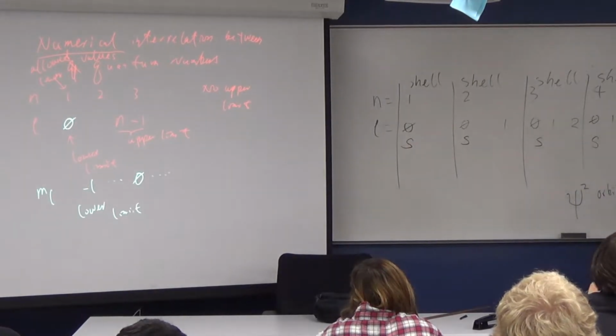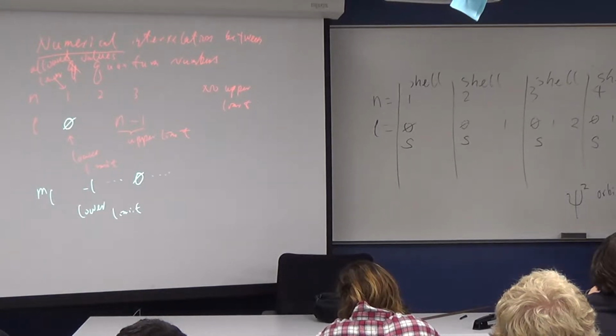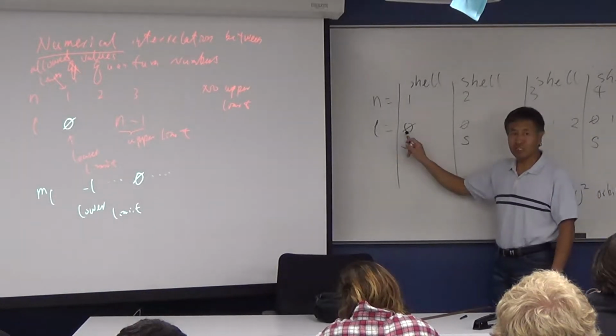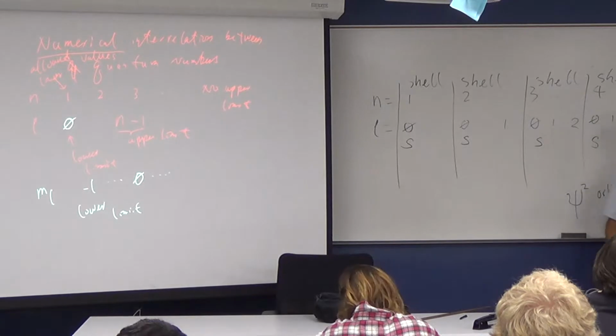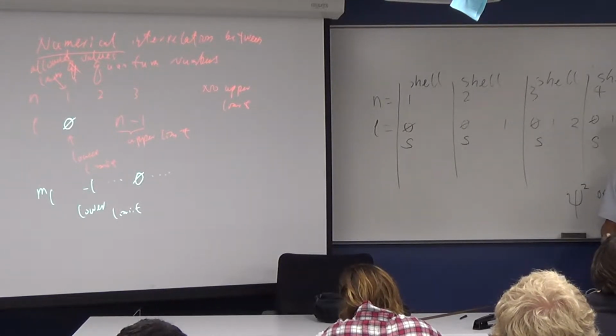By convention, everybody agrees. If you find out your L is 0, you can just call that S. You can tell me L equals 0, or you can say just S. You see S in this section, I know your L is 0.